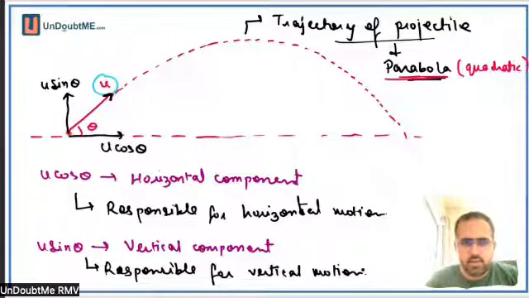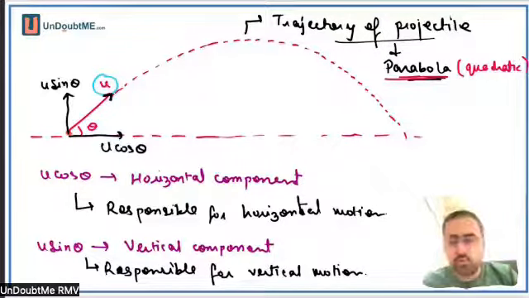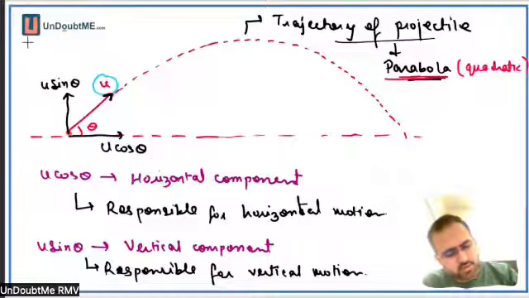Everything is clear till here? Okay. Now, there are a few more facts about projectile which we need to cover before moving towards the exact formulas. So I'll take this diagram once again.